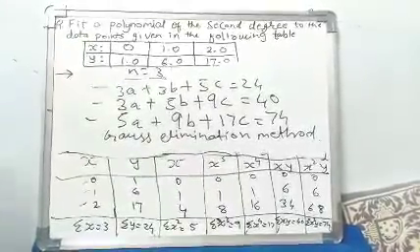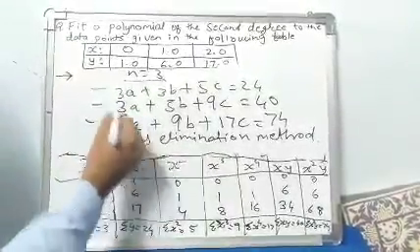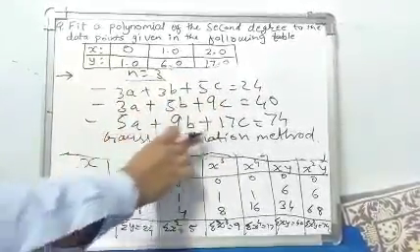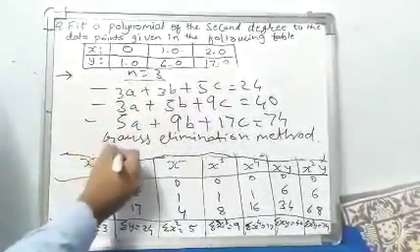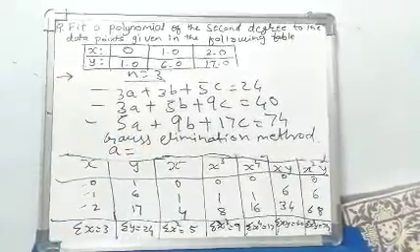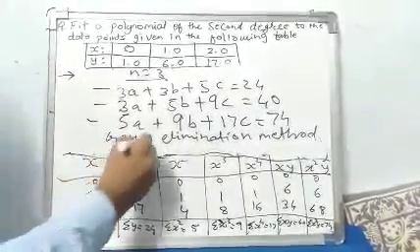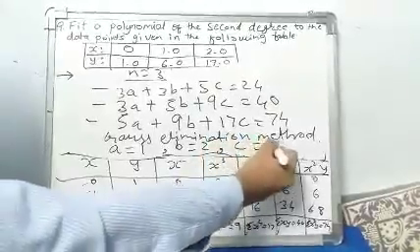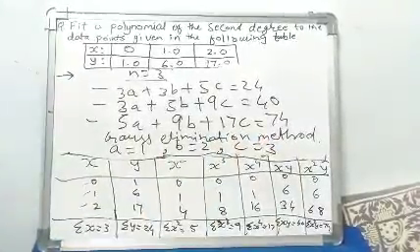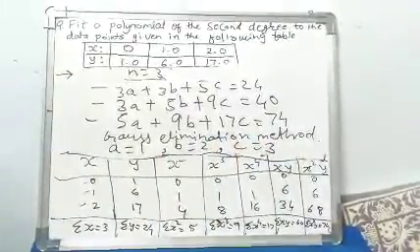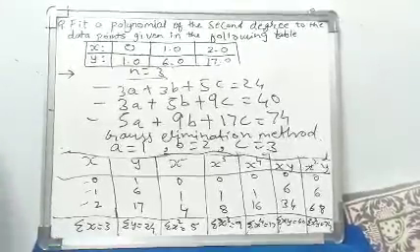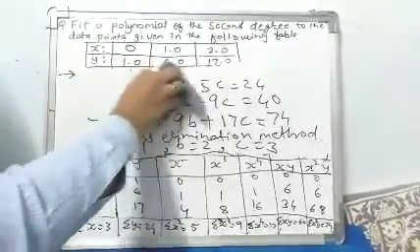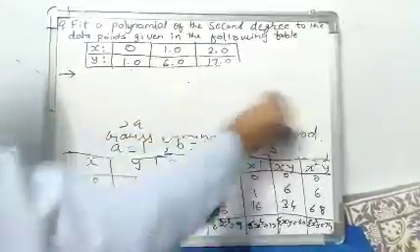After solving it, you get the values a equals 1, b equals 2 and c equals 3.